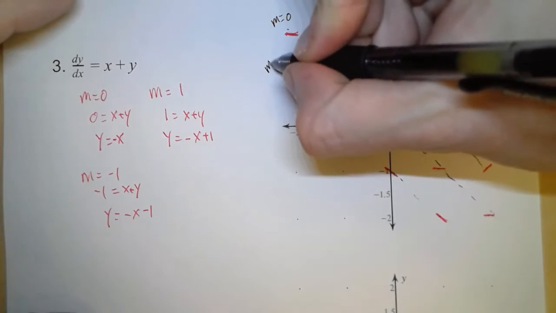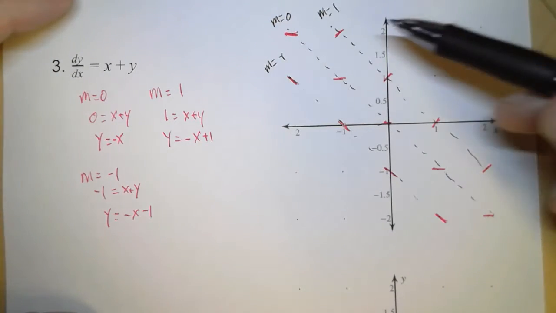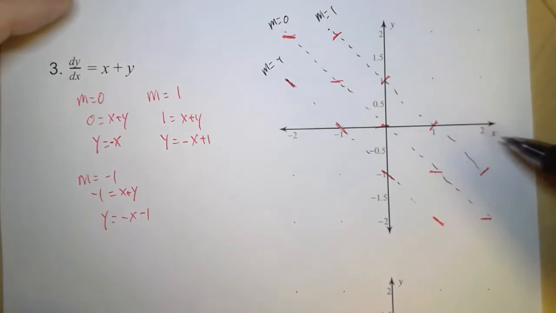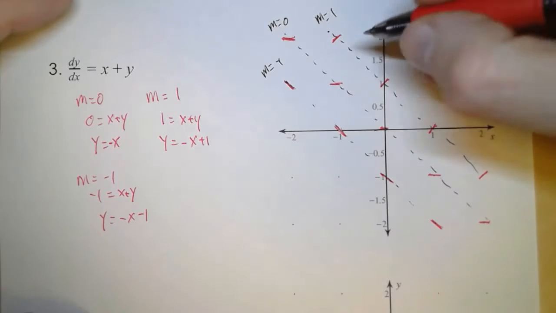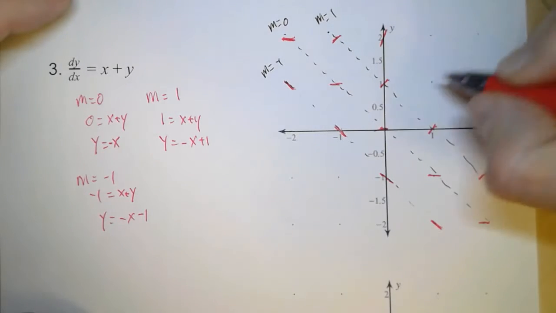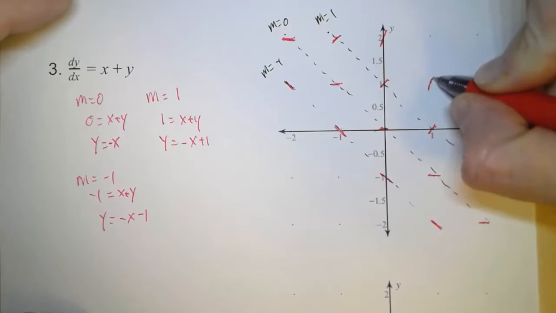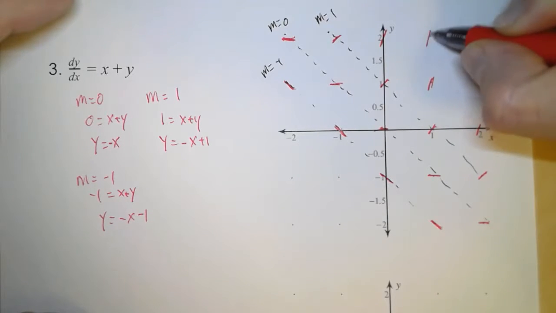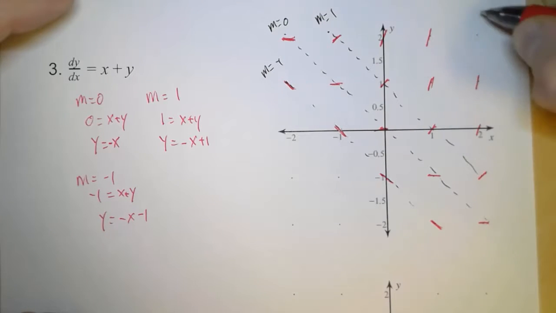Now hopefully we start to see a pattern here. If I go out one more and say -x plus 2, that means we're going to have a slope of +2. And so I can follow that pattern and say that these all have a slope of 2, this will have a slope of 3, and this has a slope of 4.